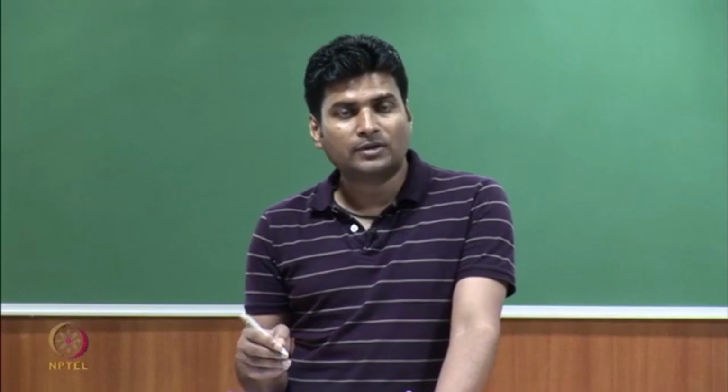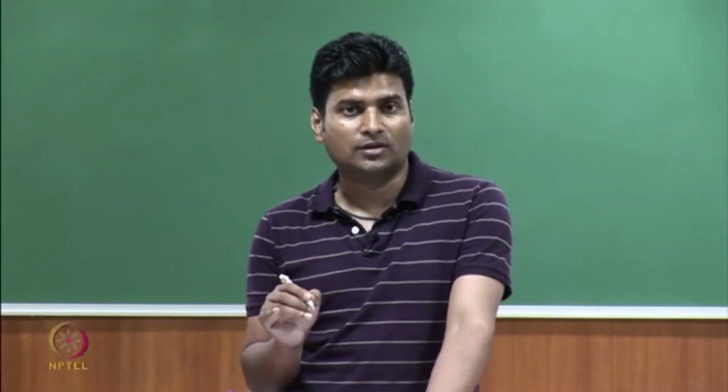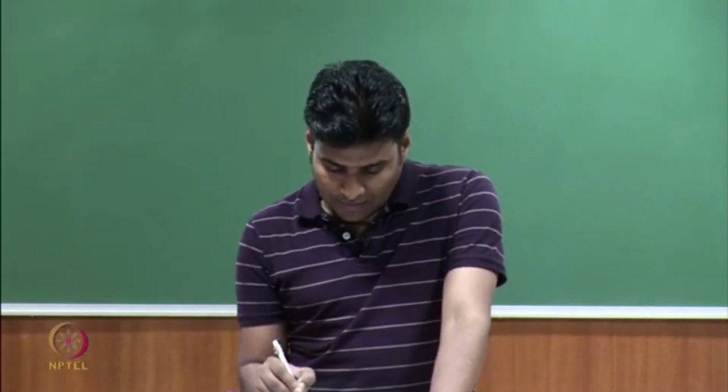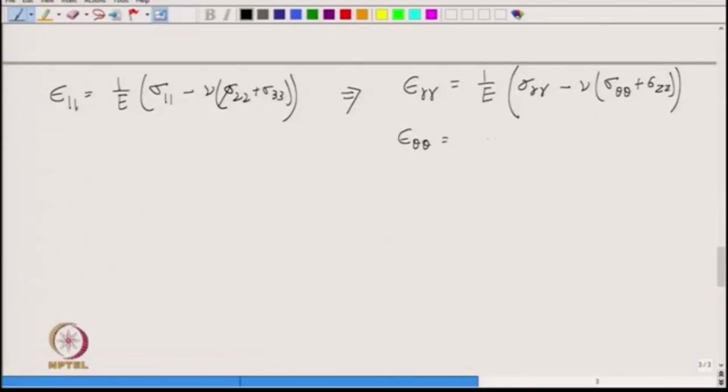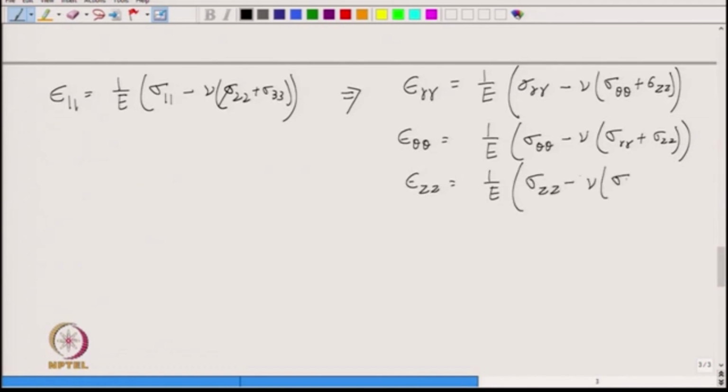If it is not isotropic, then of course, things get a bit complicated. Likewise, epsilon theta theta, that would be 1 over E times sigma theta theta minus nu times sigma r r plus sigma z z, and epsilon z z is then 1 over E times sigma z z minus nu times sigma r r plus sigma theta theta.